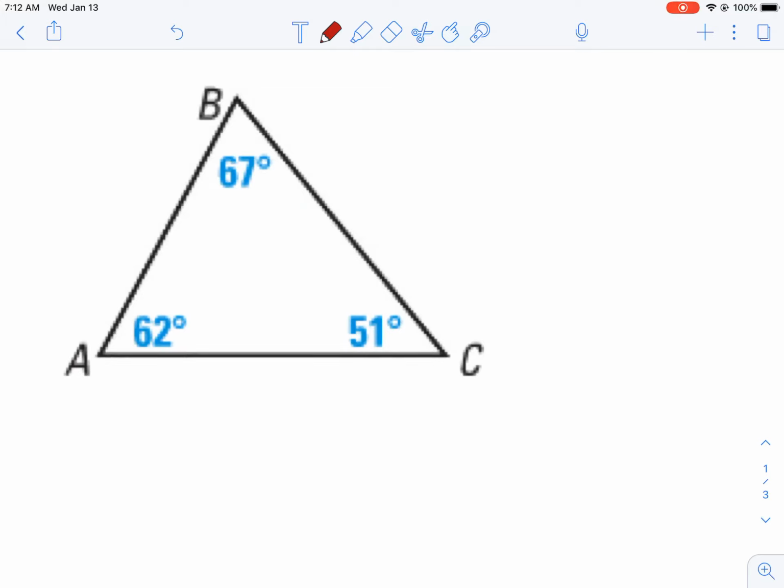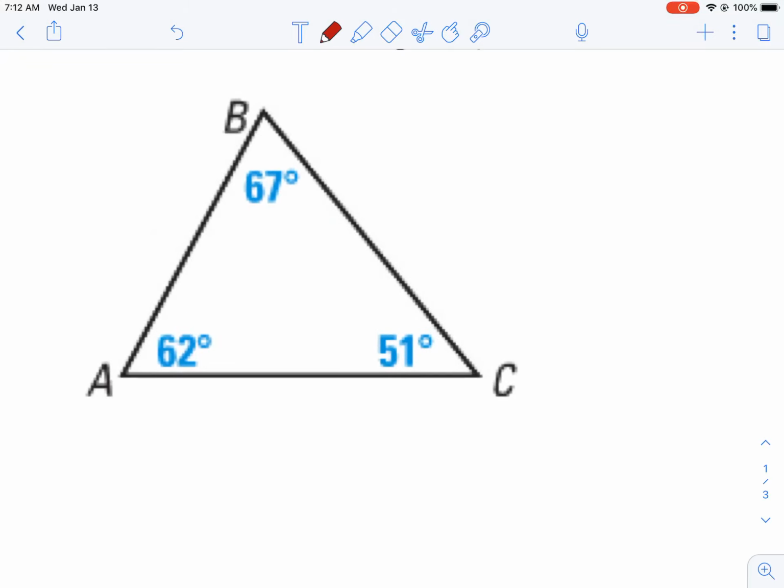So in 5.3, we were talking about the base angles theorem, where if 2 sides were the same, the angles were the same. Well, if you make the side bigger, then the angle there has to get bigger, okay? And because of that, you can kind of order things based on what you have.